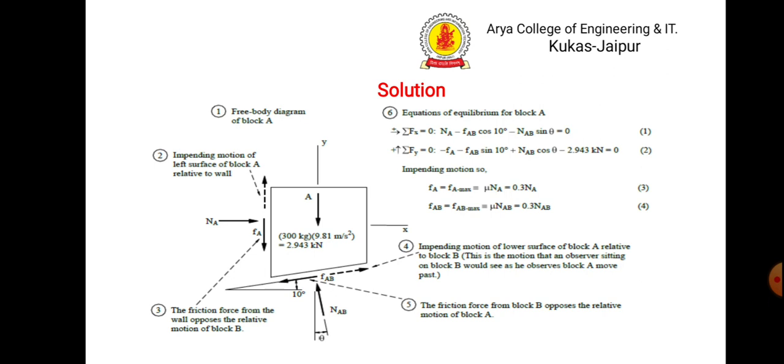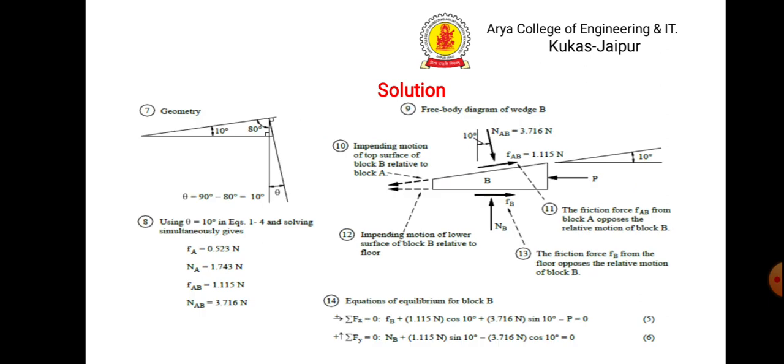Now impending motion: Fa will equal mu into Na. We know that F equals mu N. Here the perpendicular reactions will be Na and Nab, so Fa equals mu into Na and Fab equals mu into Nab, that is 0.3 Na and 0.3 Nab. These are equations 1, 2, 3 and 4.